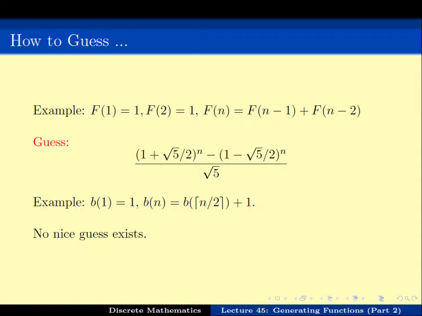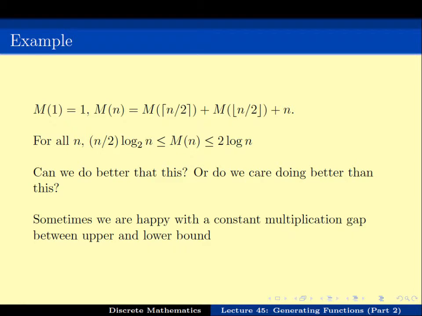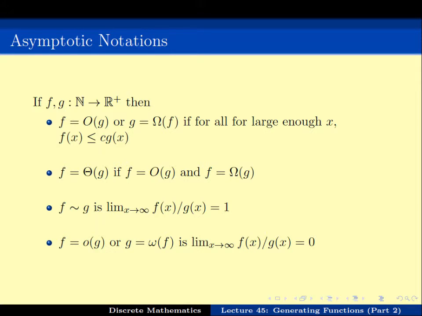But in the second case, one can prove some upper bound and lower bound, and that might be good enough for us. In fact, we can use the asymptotic notations of big O, big omega, theta, small omega, small o, and sim to come up with asymptotic expressions for these sequences, which is possibly good enough.